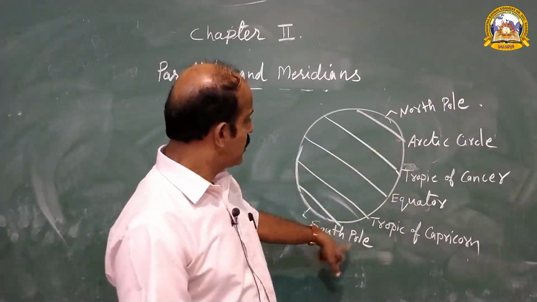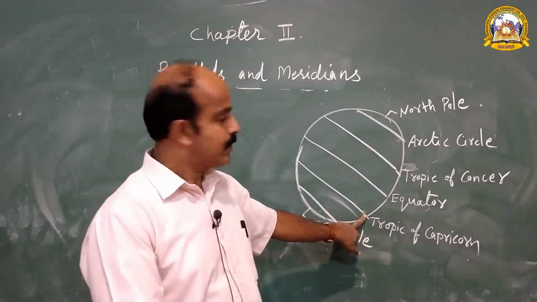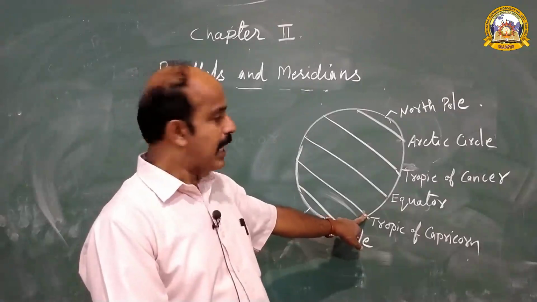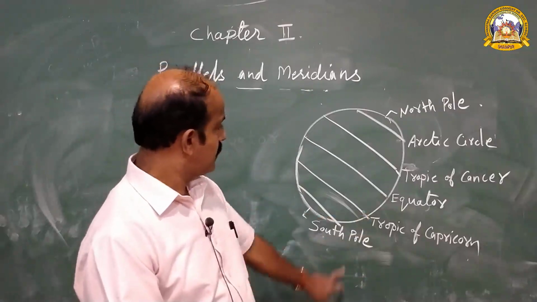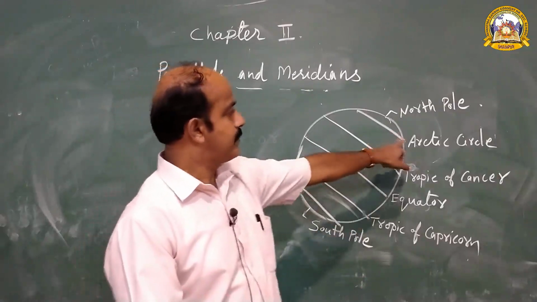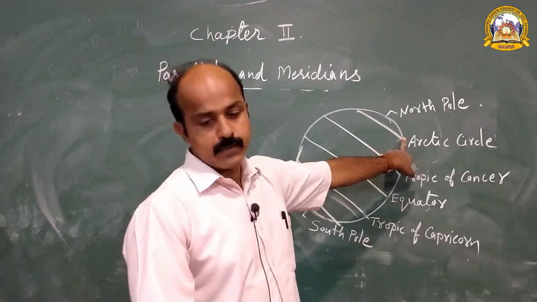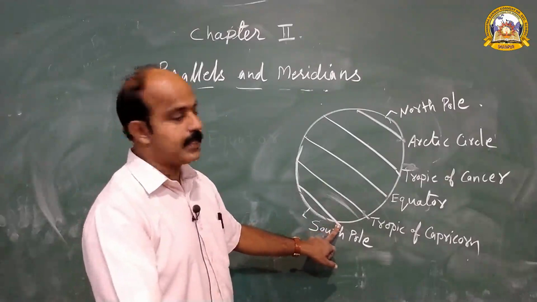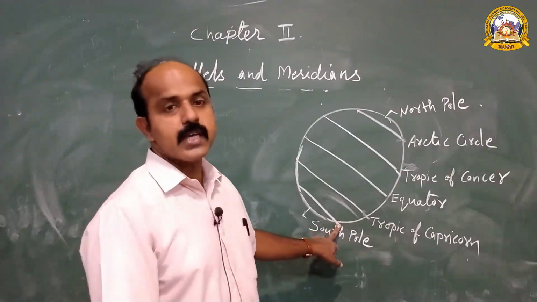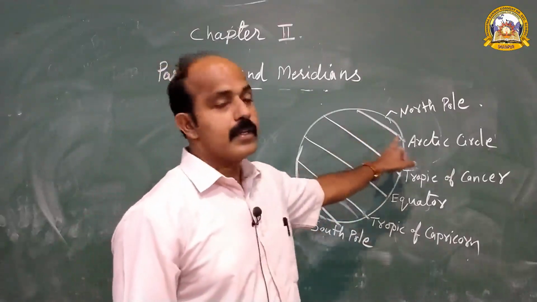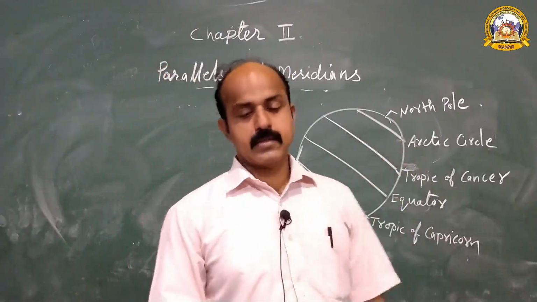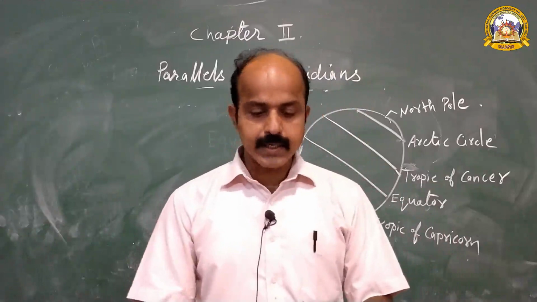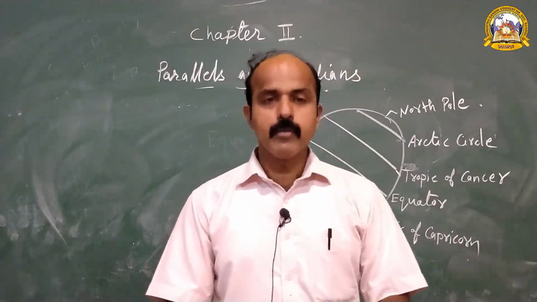Then we have the Tropic of Capricorn, which is in the southern hemisphere. Then we come to the Arctic Circle in the northern hemisphere. Then we have the Antarctic Circle, in the southern hemisphere. These are the important parallels of the globe. The Arctic and the Antarctic Circle are also called the polar circles.